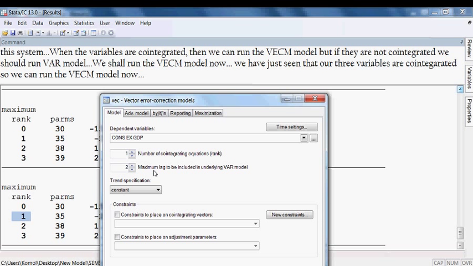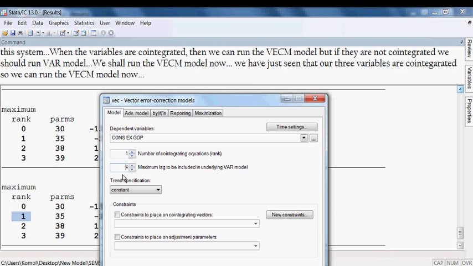And the lag selection: we got 3 lags to be chosen, right? 3 lags should be used. So here I put 4 lags because this 4 will actually become 3.